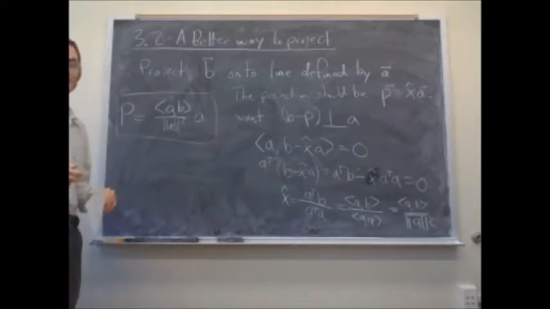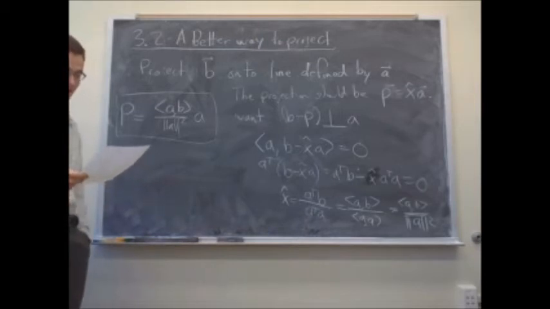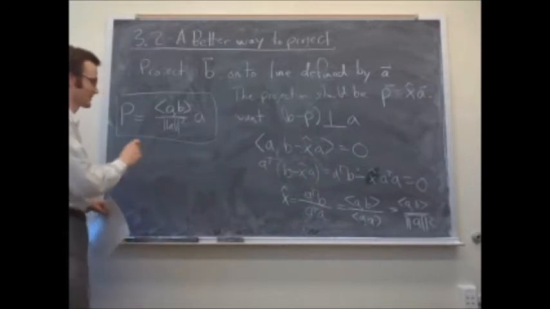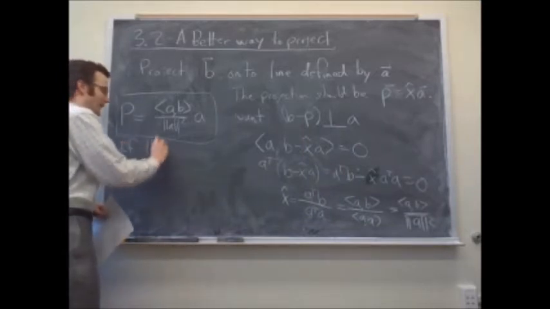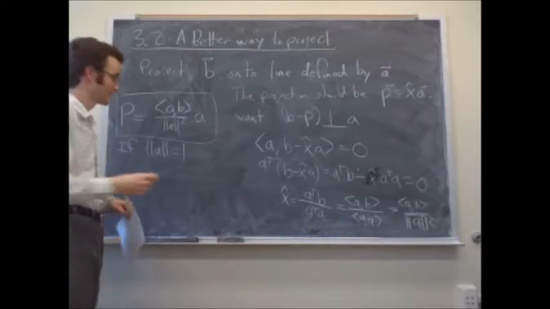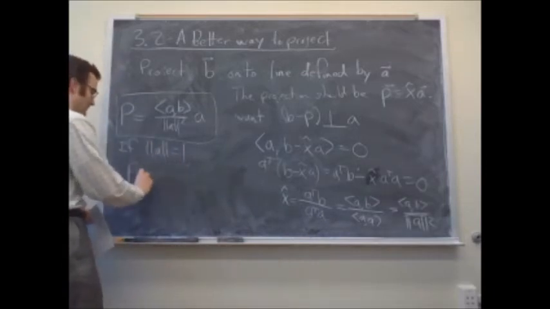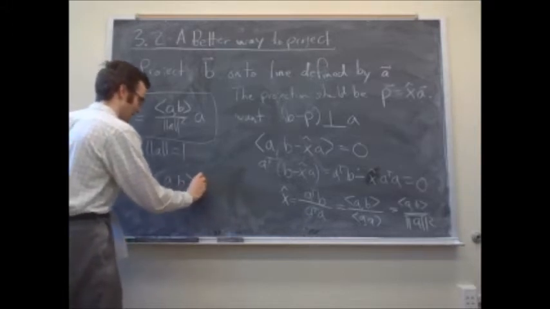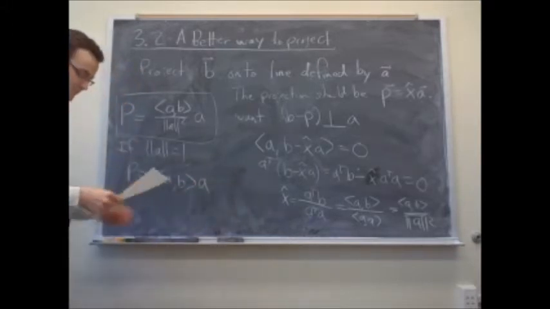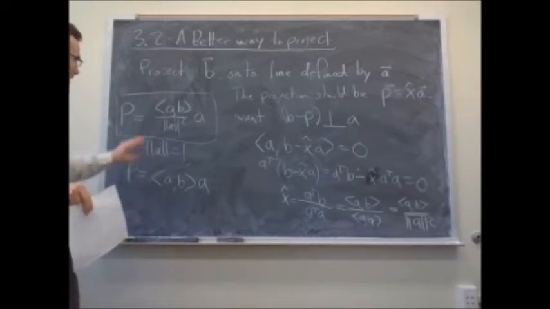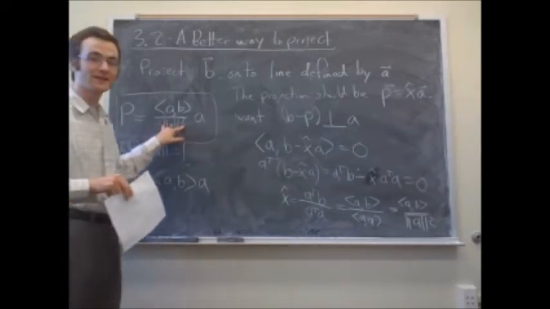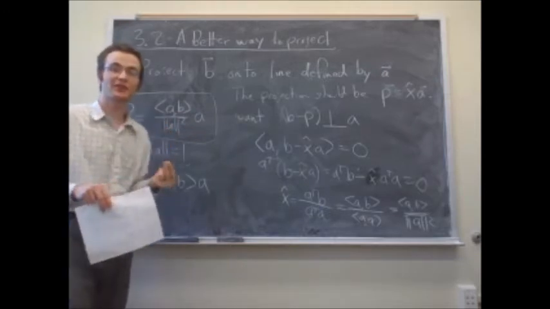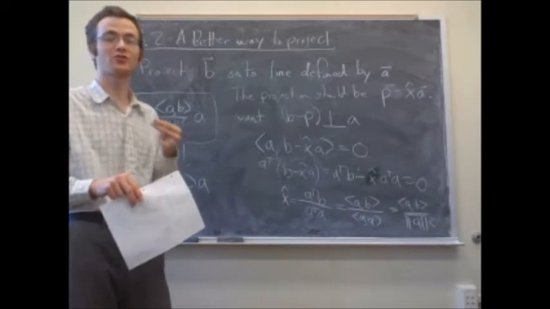This is the formula for a projection onto a line defined by a vector. So notice one important thing here is if the length of A is 1, if it's unit, then P is particularly simple, and we get this formula. The reason why we have this divided by the norm of A squared is because essentially the size of the projection shouldn't depend on what vector we choose on our line, right?